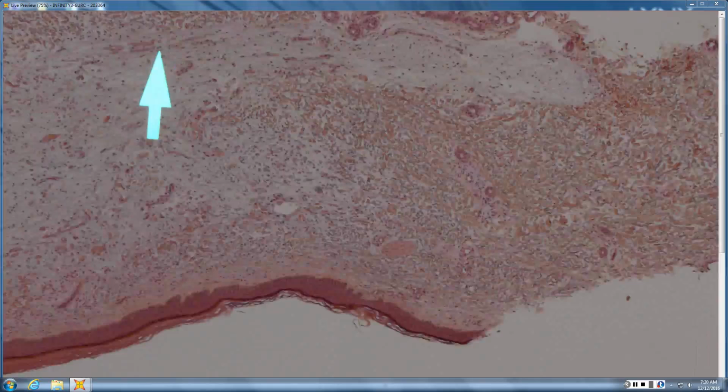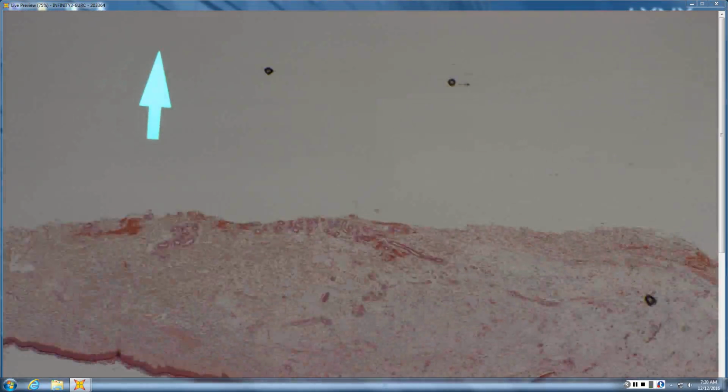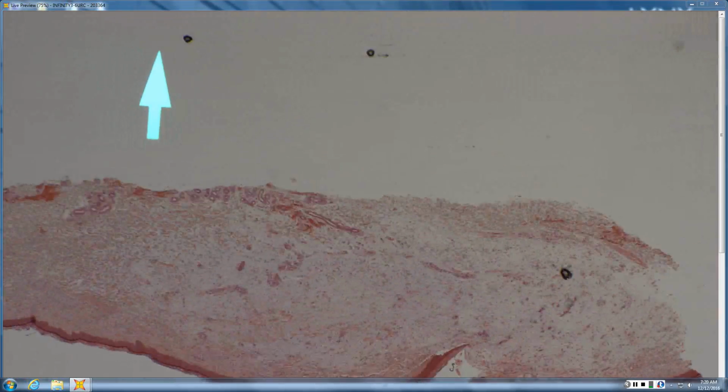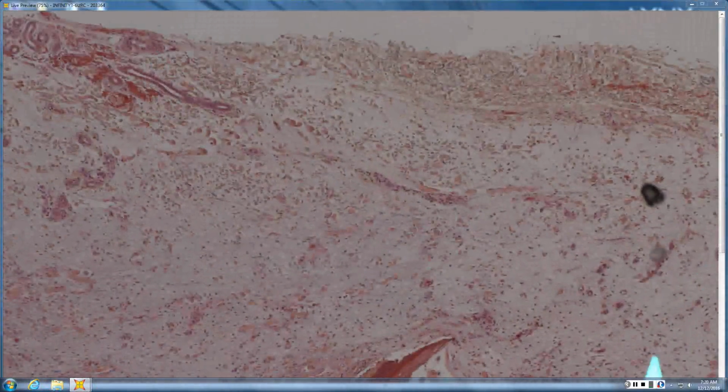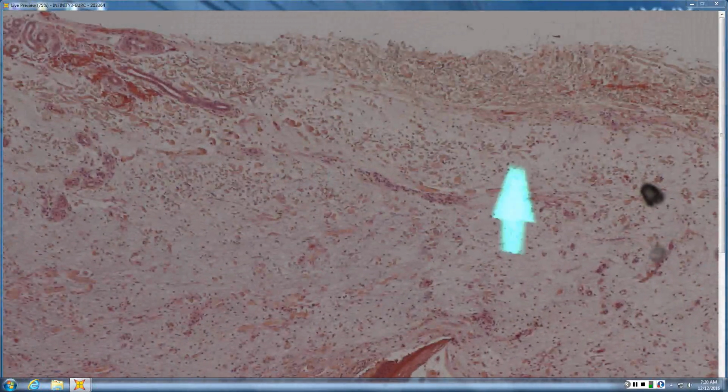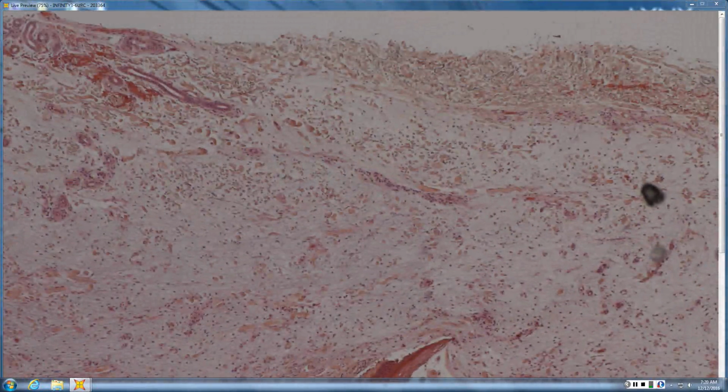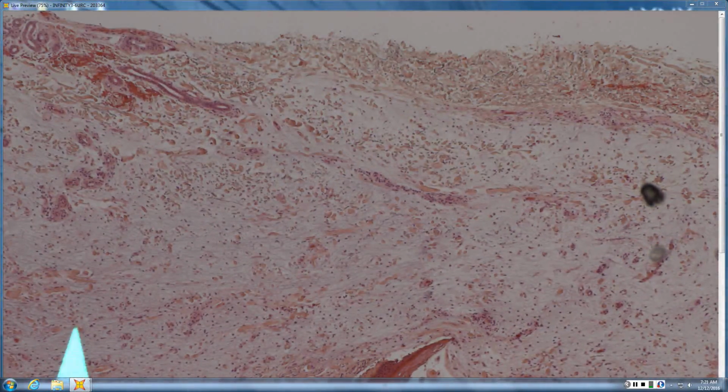Last one. So what do you guys notice? There's something in here, right? The epidermis doesn't particularly look that concerning or that strange, but there's something deposited in here.